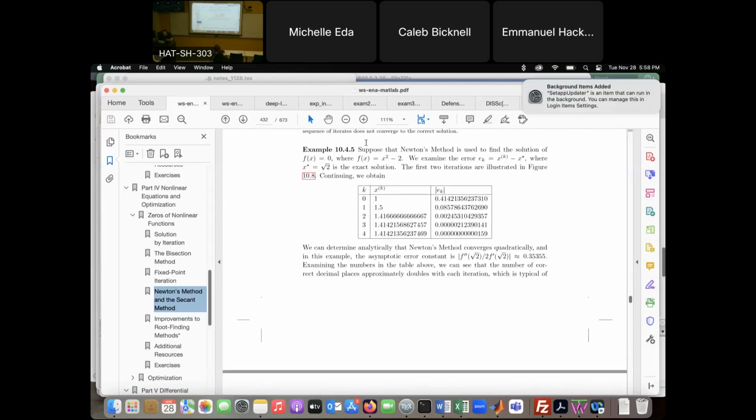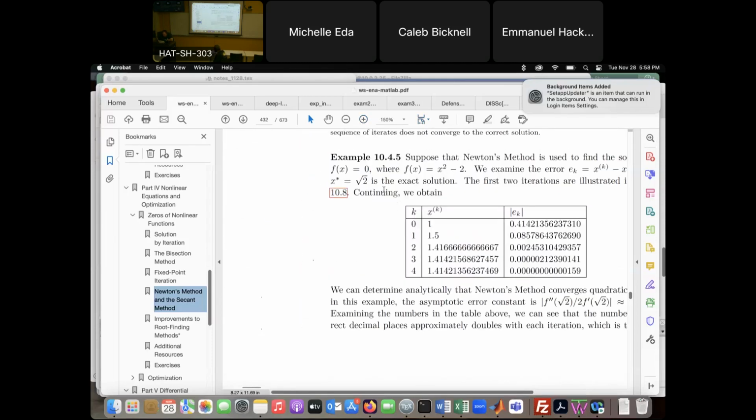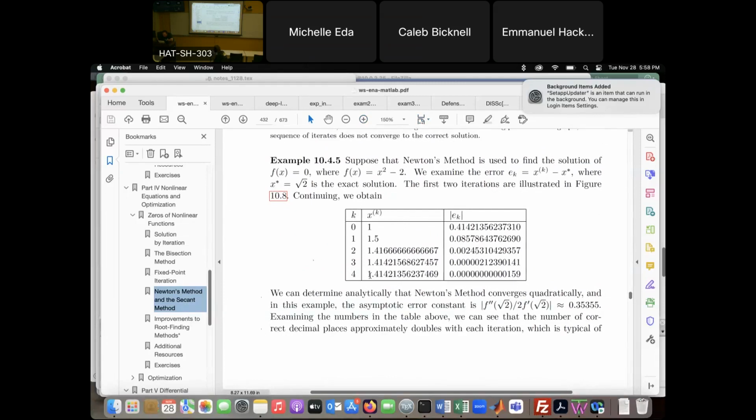Oh, yes, it is here. Okay, so here, to however many decimal places, is the square root of 2. So when I use Newton's method on this function, the initial guess x0 is equal to 1. Then here's the progress of the iteration. This is what we saw back in the MATLAB tutorial.